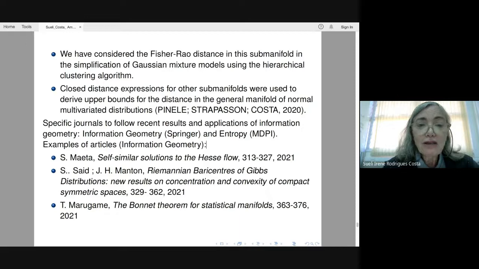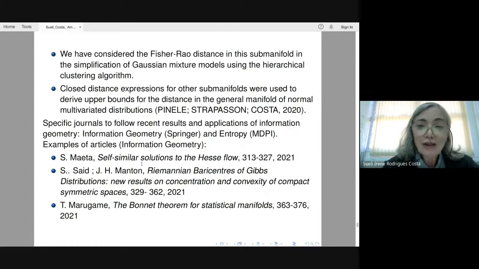One of those is Information Geometry, the journal of Springer, and the other is Entropy, from the editor MDPI. Just to have some examples for you to have an idea of how geometrical they are, right?